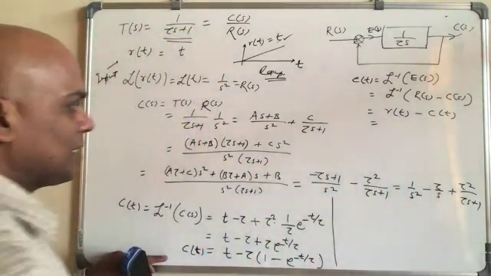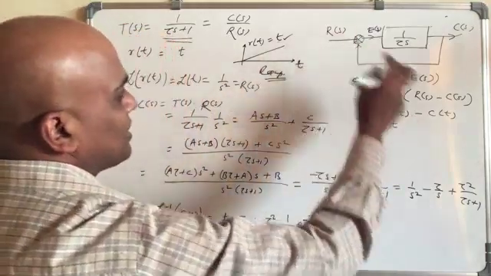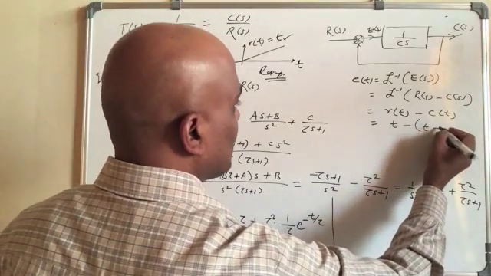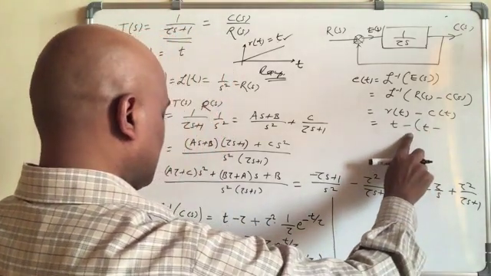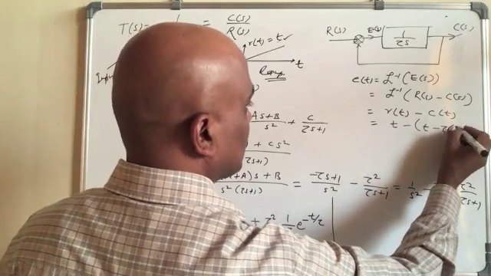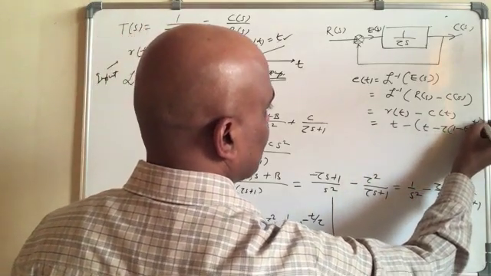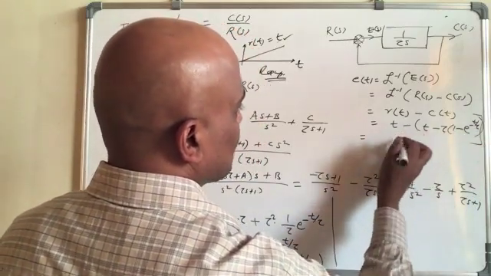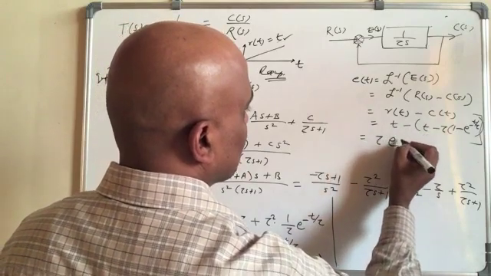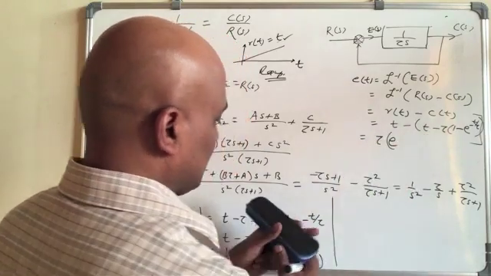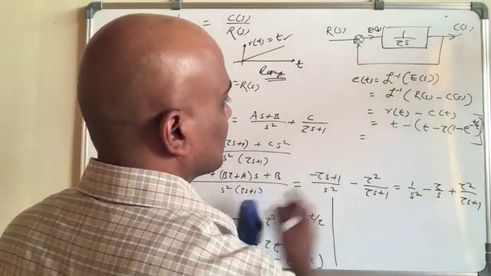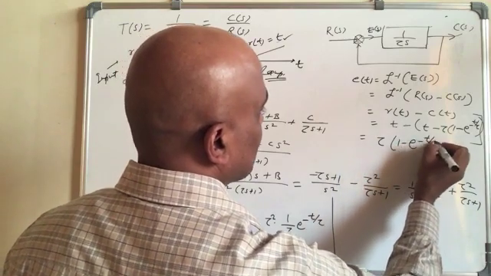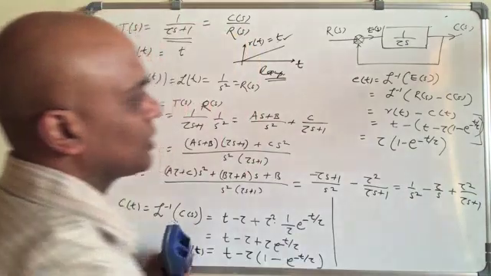And r(t) is nothing but t, since you have r(t) equal to t in this case, minus c(t). c(t) is this, so t minus t minus tau times 1 minus e to the power minus t over tau. The t cancels out, minus becomes plus, equal to tau times 1 minus e to the power minus t over tau, like this.